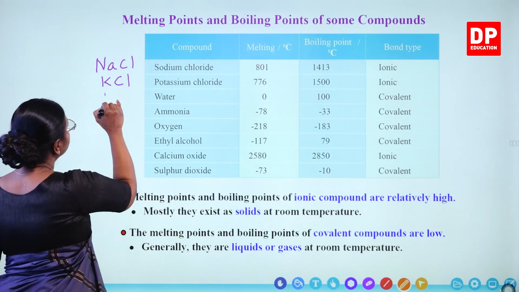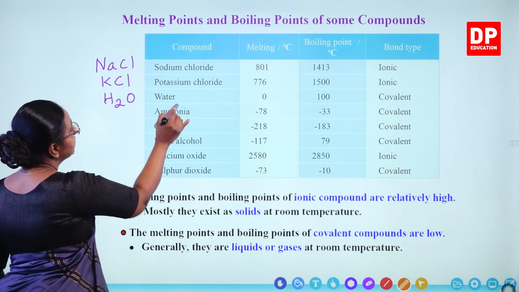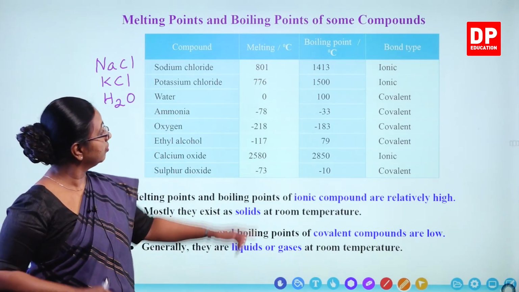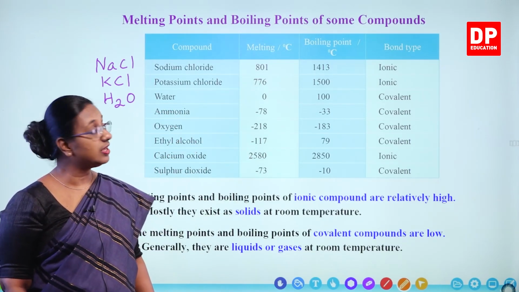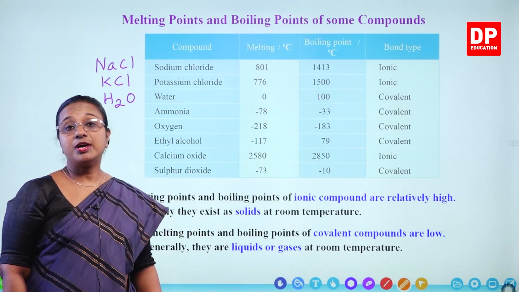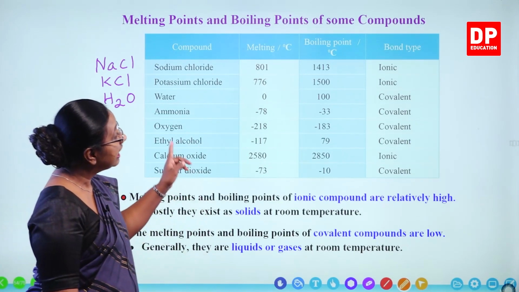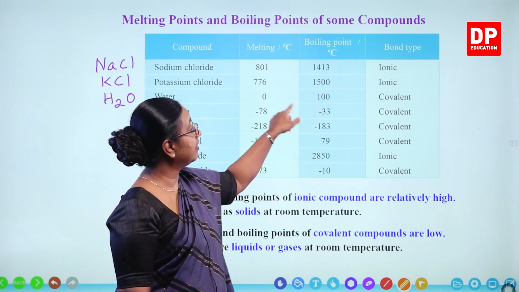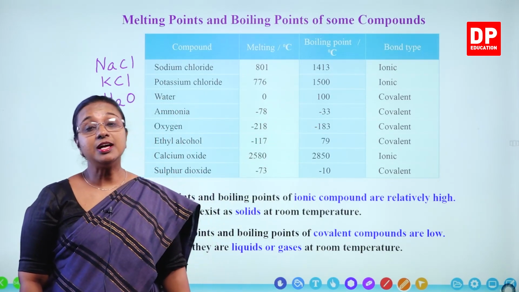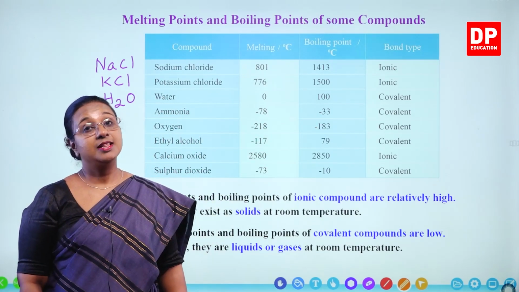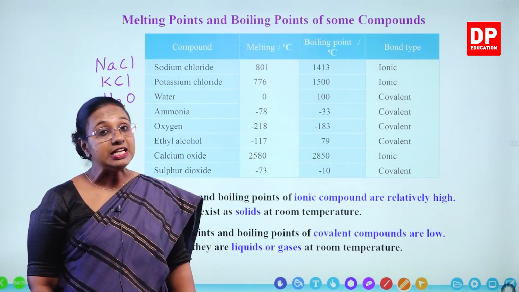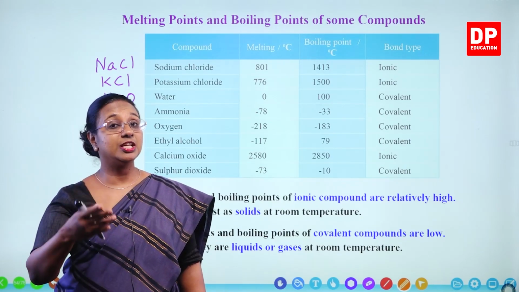Then we have water, H2O. That is a covalent compound that you know. Melting point is 0 degrees Celsius. Boiling point is 100 degrees Celsius. Here again, students, you can remember this particular boiling point is related to the intermolecular forces or the intermolecular bonds.